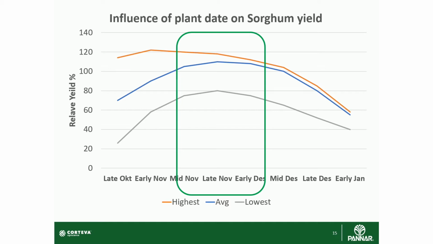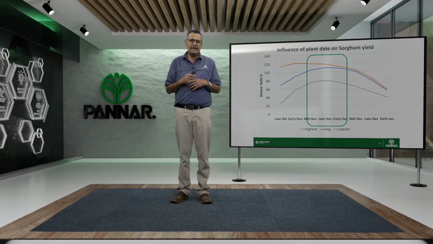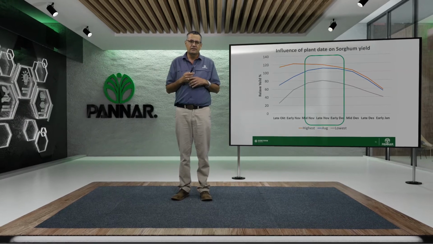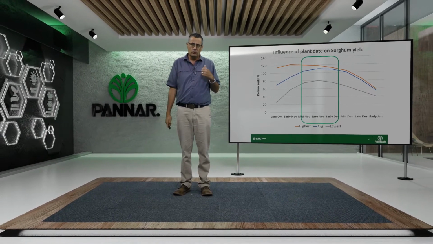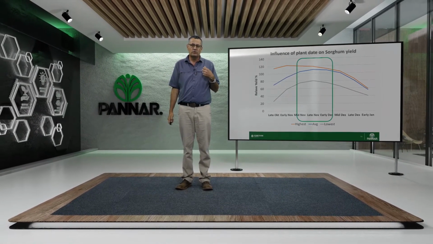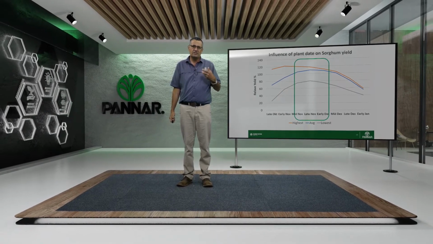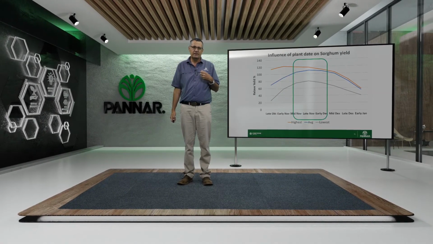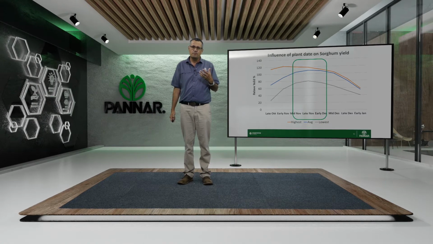If you plant later in the season, especially in the northern parts of the country, where planting date is usually determined by rainfall, they can plant very late in January, and that will obviously decrease your yield. But also try to plant as early as possible to get the highest yield for your area. In a normal planting scenario where normal rain falls, mid-November to early December is your ideal planting date.